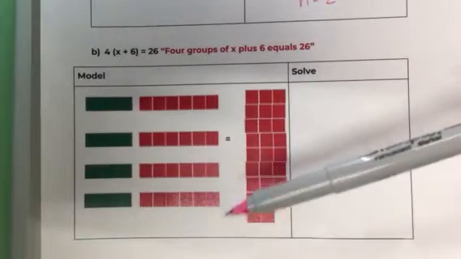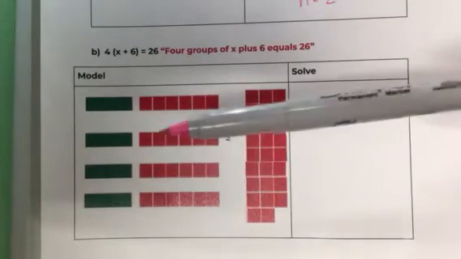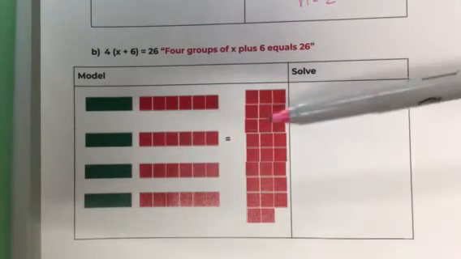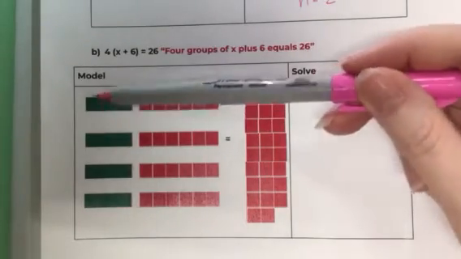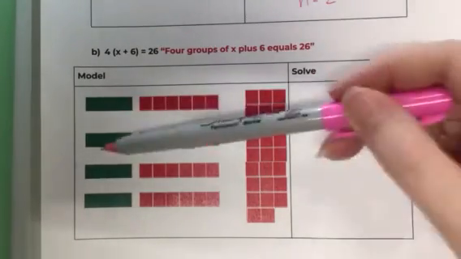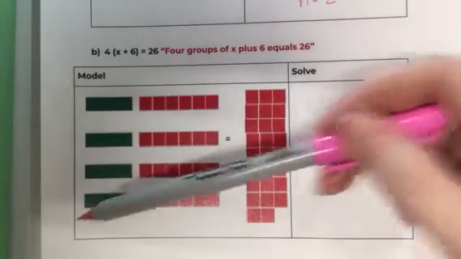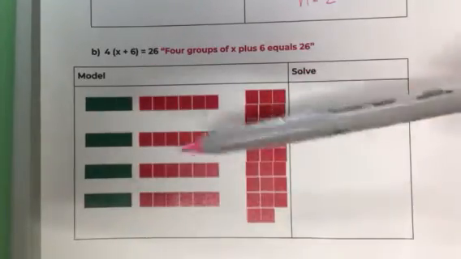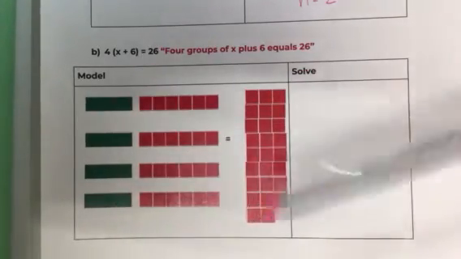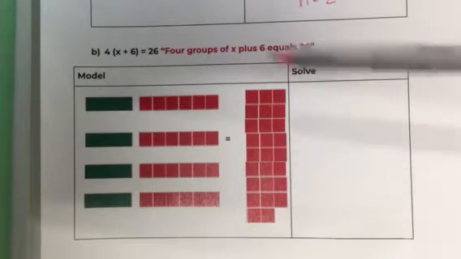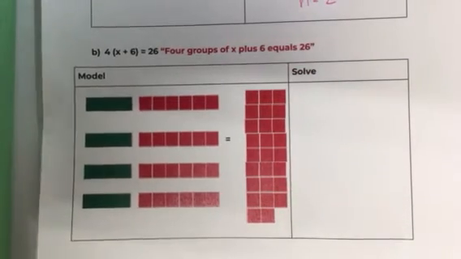So colored in is positive, and white or empty tiles would be considered negative. So this is x plus 6, x plus 6, x plus 6, x plus 6. We have 4 groups of x plus 6, and that all equals 26.